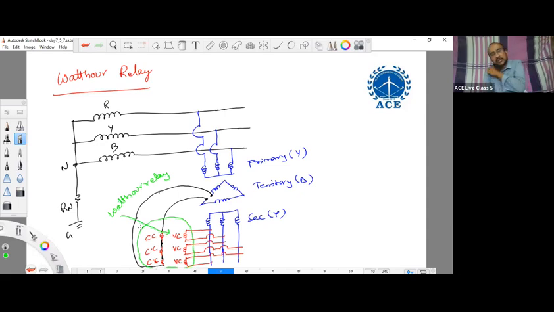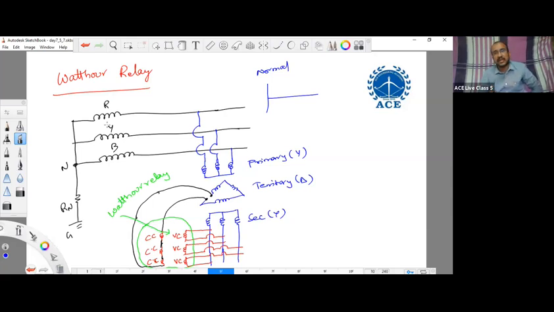Now let us observe how this watt hour relay will sense the interturn fault. Whenever there is no fault, during normal condition, are the voltages induced in R phase, Y phase, and B phase balanced or unbalanced?